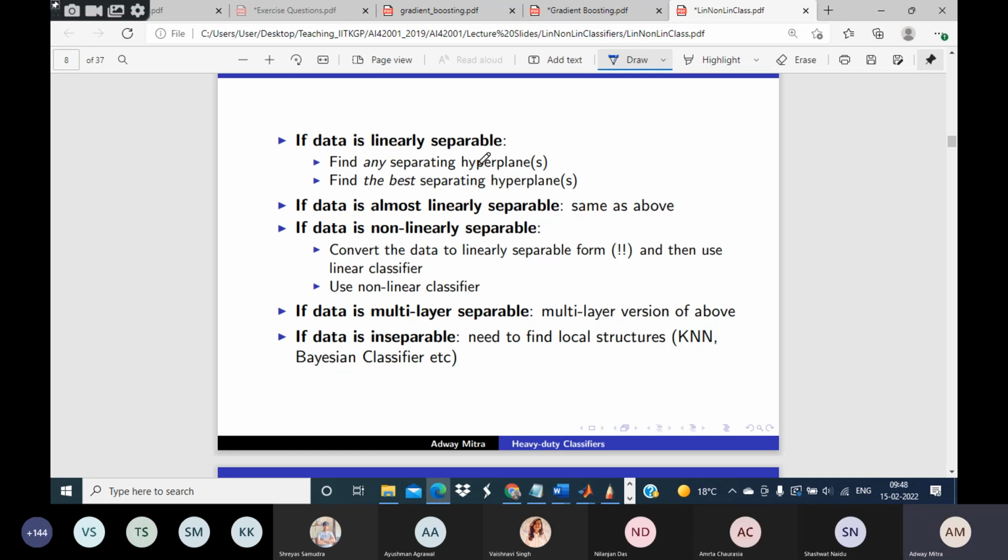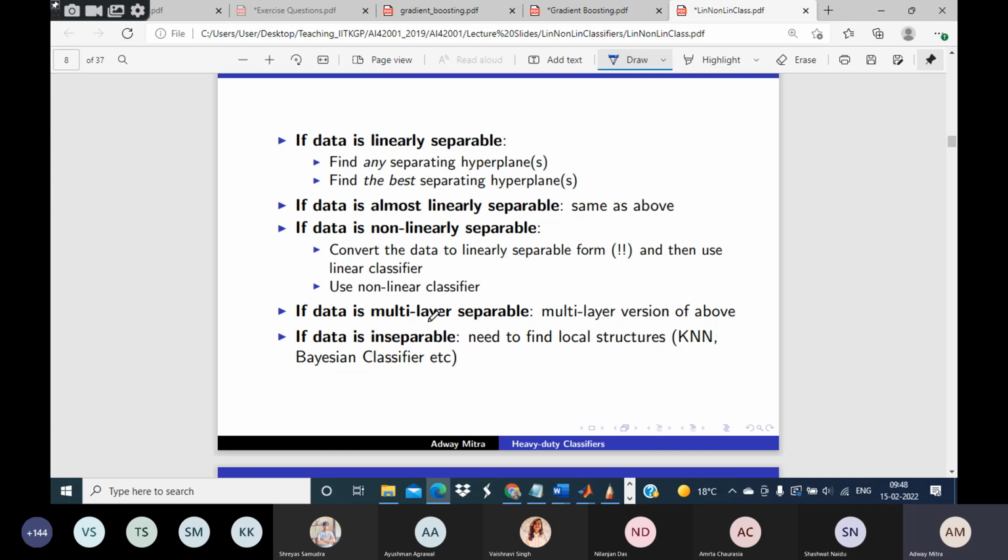That's called linearly separable. But if the data set is almost linearly separable, then also we can go for the hyperplane based classifier. Now, if the data is non-linearly separable, then there are two things which I can do.